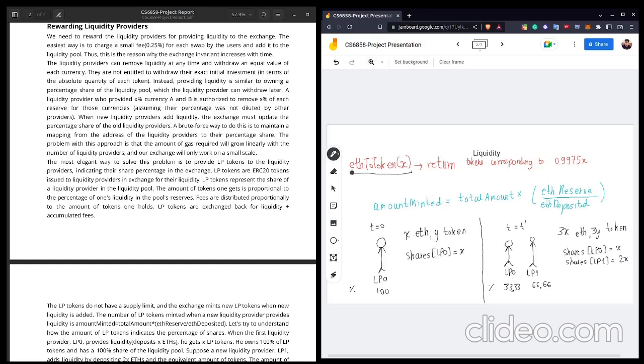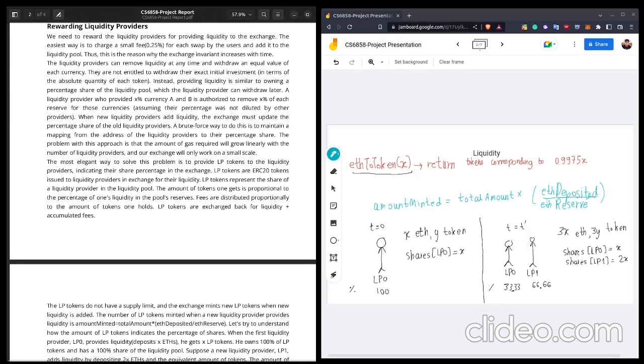For example, this ETH to token swap, given X ETH, returns the tokens corresponding to only 0.9975 times X ETH. The remaining ETH are added to the liquidity pool. This is the reason why the exchange invariant increases as the number of swaps increase.